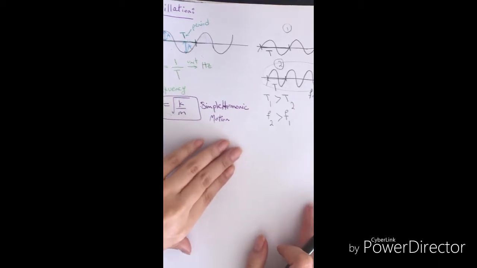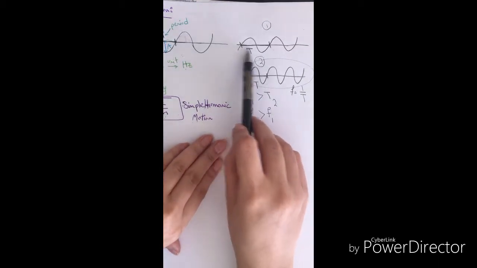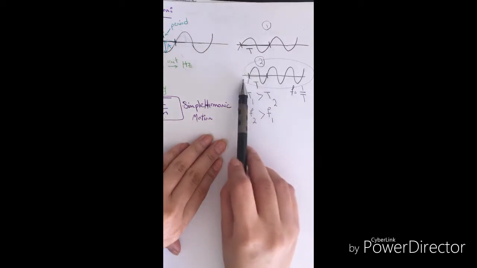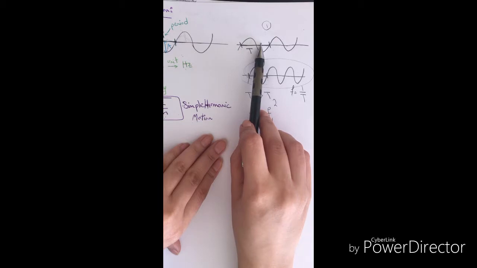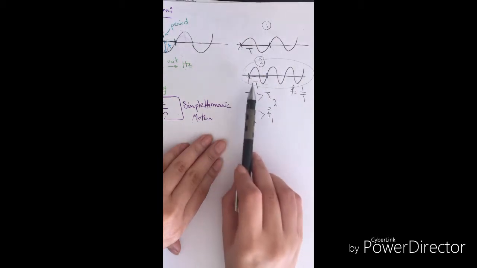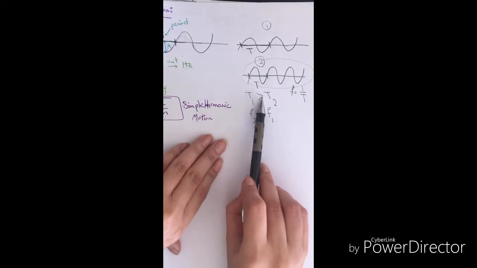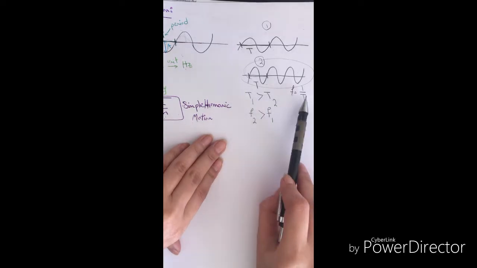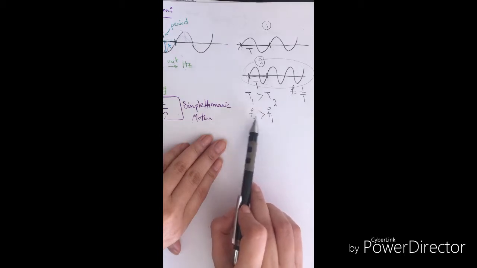Okay, now for frequencies, when we talk about high and low frequency, when the period is shorter, like in the second oscillation, this is the second oscillation, this is the first oscillation. In the second oscillation, the period is shorter than the first oscillation. T1 is greater than T2. So because T1 is greater than T2, F1 is less than F2.